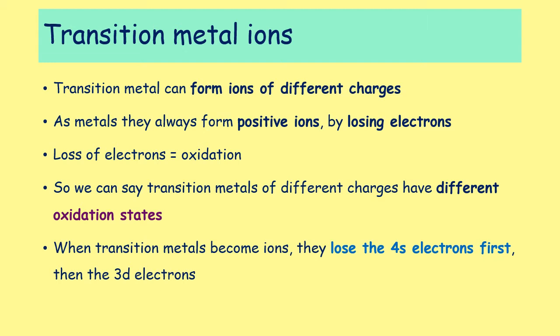When it forms a 2+ ion, what happens in the case of most of them is that they're losing 2 electrons from the 4s orbital. In the case of copper and chromium, they're losing 1 electron from the 4s orbital, and then they are losing an electron from the d orbital. But always they lose 4s electrons first.